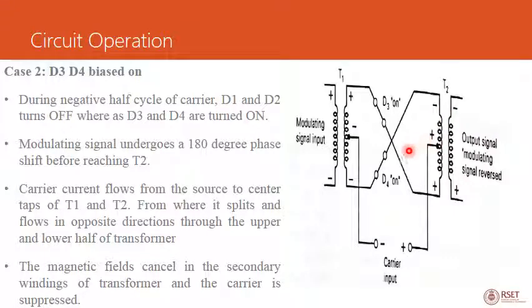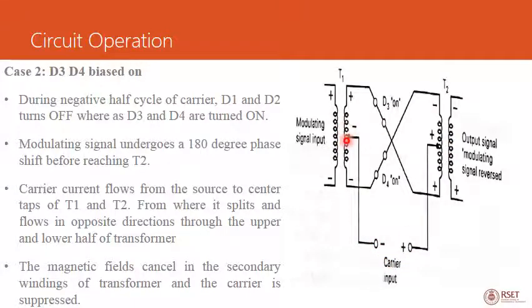Then we want to know how the carrier signal is suppressed in this circuit. The carrier current flows from the source to the center tap of the transformers T1 and T2. At both the input and the output, we are using two center tap transformers where we give the carrier signal.